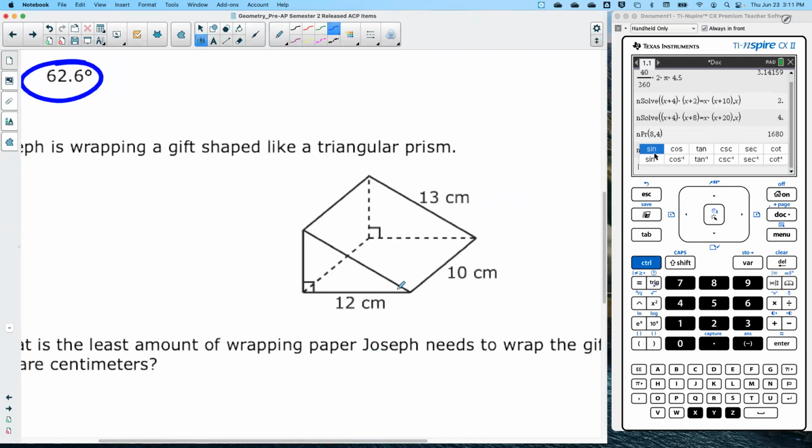Which formula would you use for this? Why not volume? Because we're not going to do inside. That would be how much present could you put in there. But we're looking for surface area, and do we need to wrap the bases? Yeah. Okay, find your formula for total surface area for a prism.